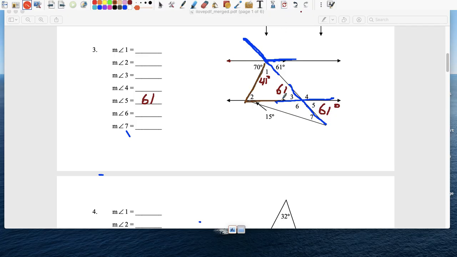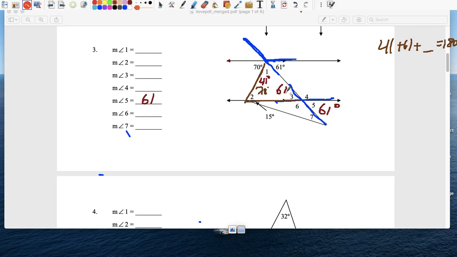We have 3 angles in here: a 41, a 61, and a mystery angle, and they should all equal 180. So if you take your calculator and do 180 minus 41 minus 61, you get 78. So angle 2 is 78.